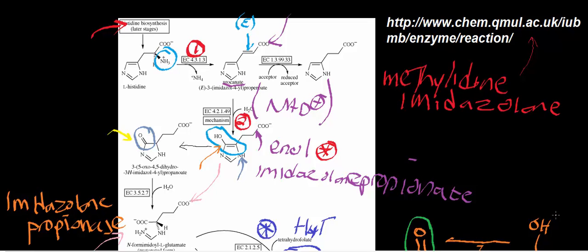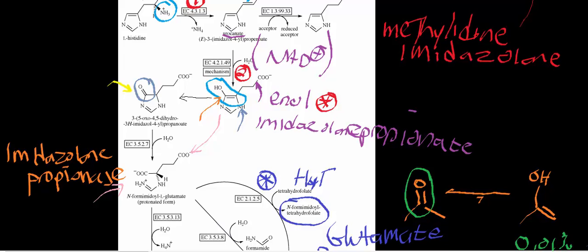So let's do one more quick recap. We start with histidine, and we deaminate it to form an E configuration alkene, which is characteristic of urocanate. Then we hydrate it, and we lose that alkene, and we end up with imidazolone propionate. That is in the enol form, at least at the end of the mechanism of the enzyme, and it quickly tautomerizes to the non-aromatic carbonyl form.